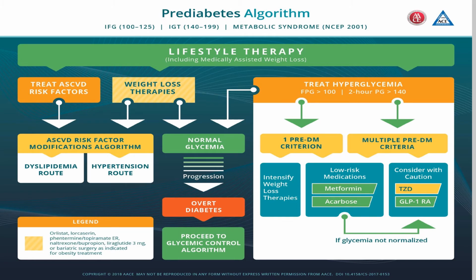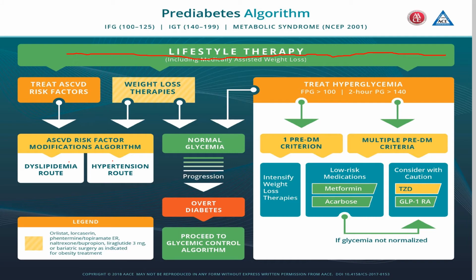So if they're in that pre-diabetic or high-risk group, this algorithm just points out that we want them to continue throughout this whole algorithm in improving their overall healthy lifestyle, that we also want to start targeting those who have risk factors for atherosclerotic cardiovascular disease, seeing if they have dyslipidemia or hypertension, that we want to assess those and get those treated.